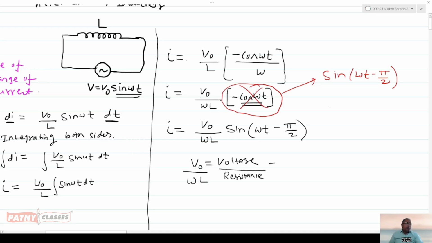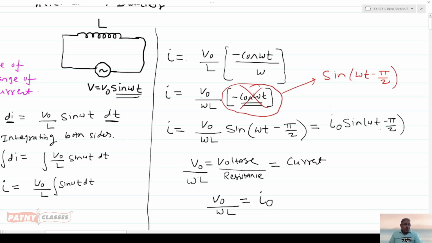So voltage upon resistance equals current. Therefore V naught upon omega L is nothing but I naught. So this expression can be written as I equals I naught sine omega t minus pi by 2.